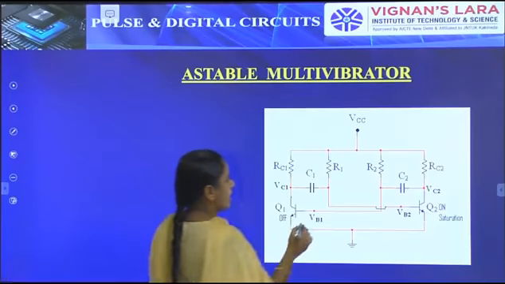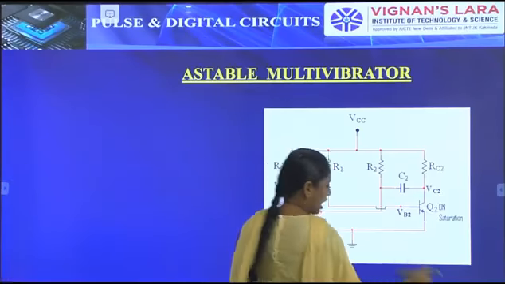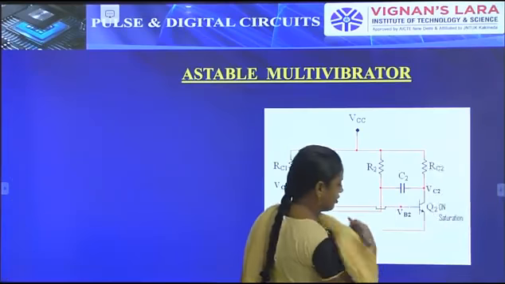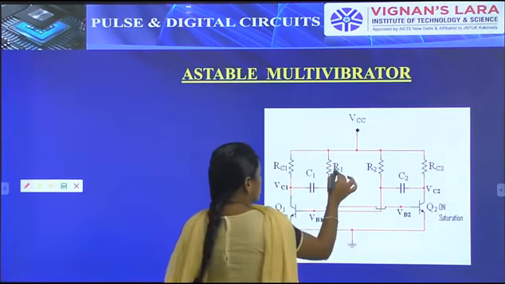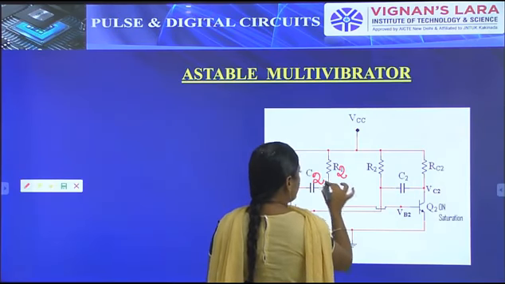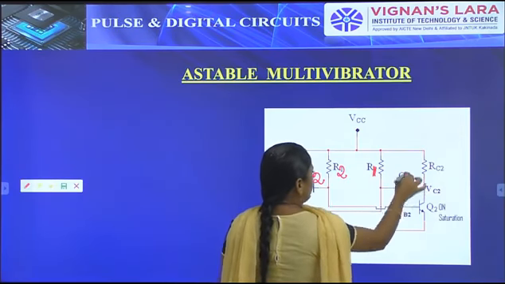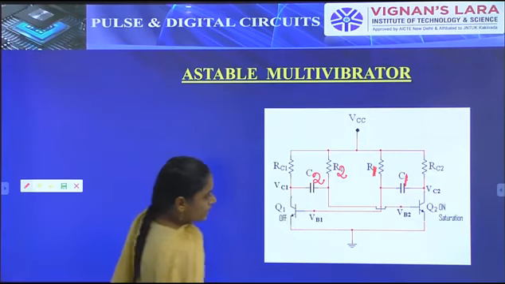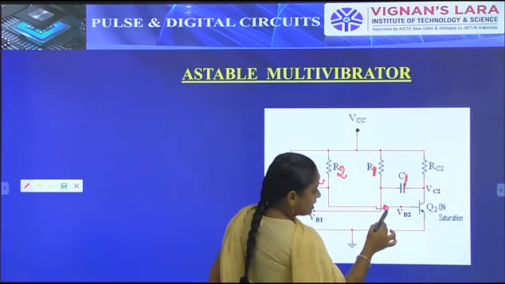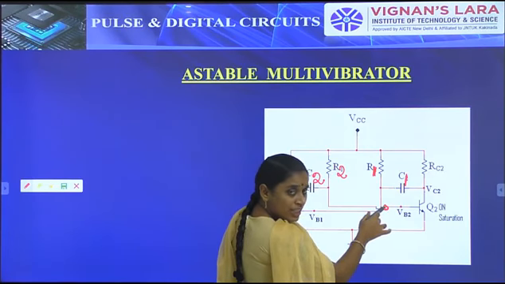So we have to take it that one will be R2 and C2. So that is our choice. So this one will be R2 and C2, and R1 and C1. So when this VB voltage gradually increases, what is meant by the VB voltage gradually increasing?